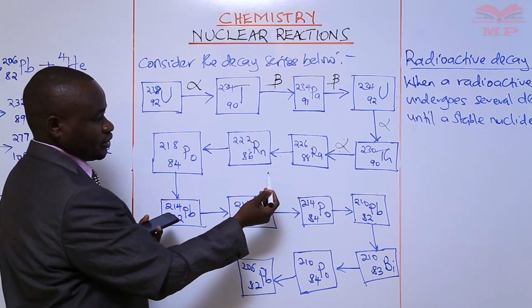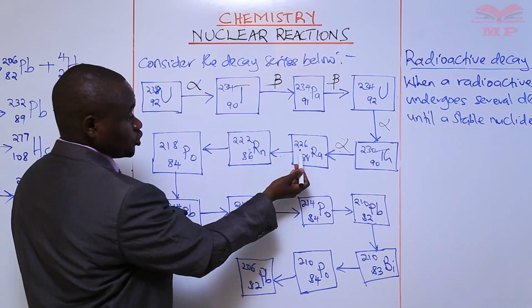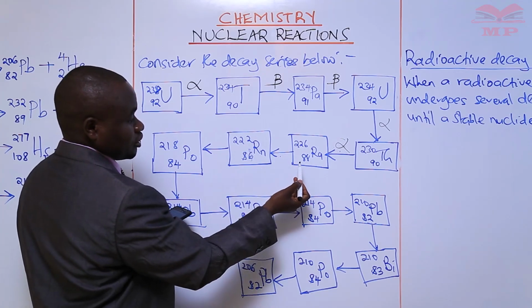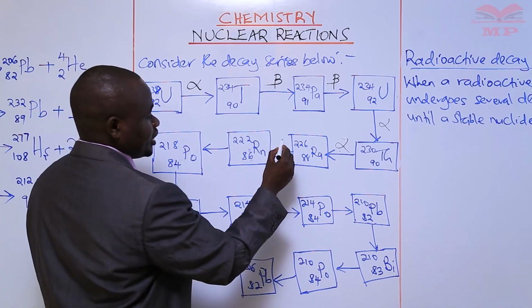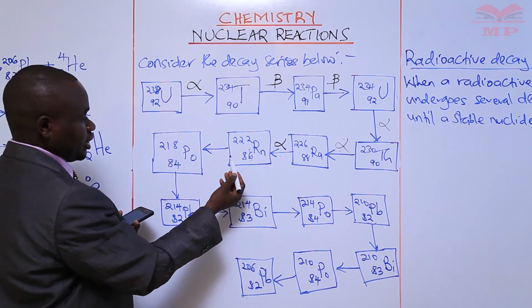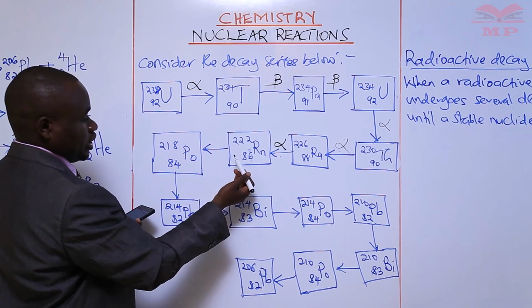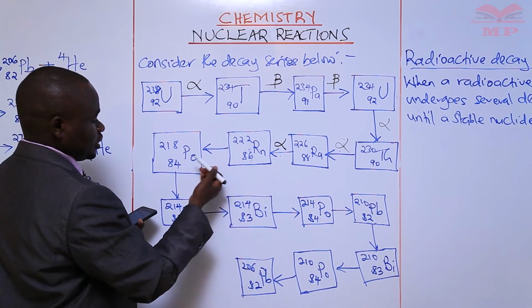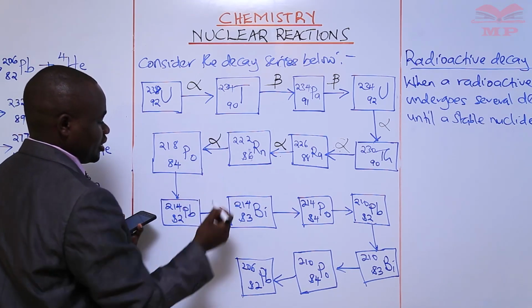How about this one? The mass number has reduced from 226 to 222. Atomic number 88 to 86. Which particle is that? Once again, that is an alpha particle. Here, mass number 222 to 218. It has reduced by 4. Atomic number 86 to 84. It has reduced by 2. Which particle is that? Alpha particle.